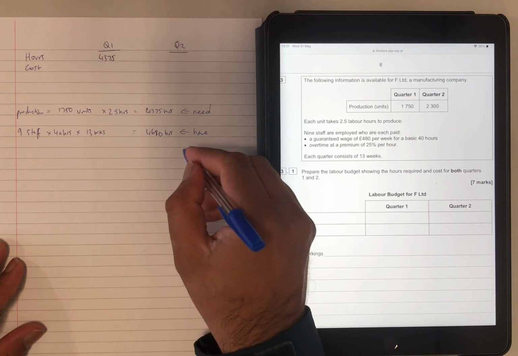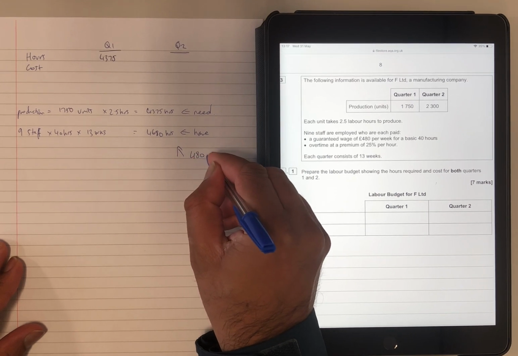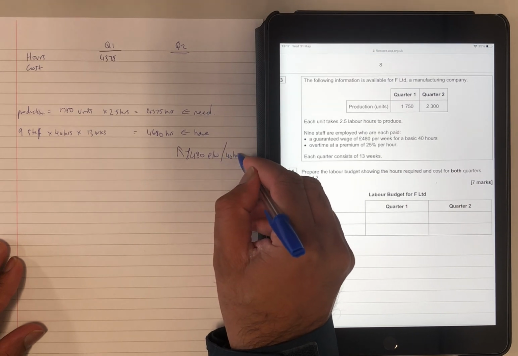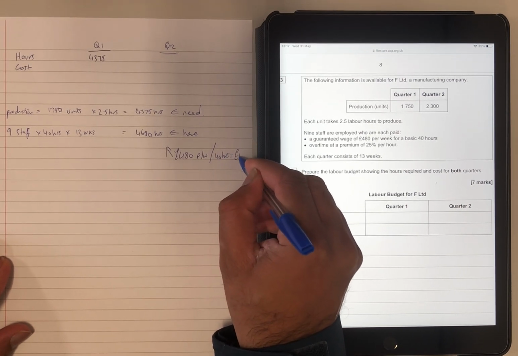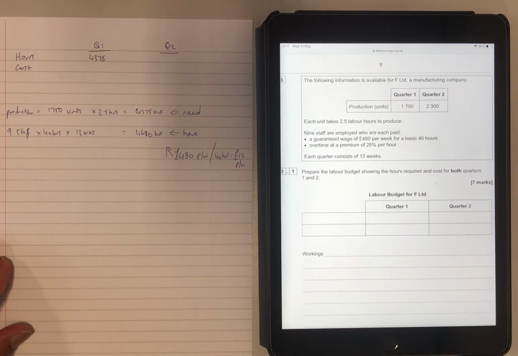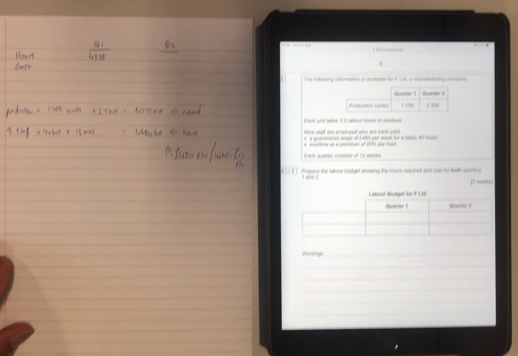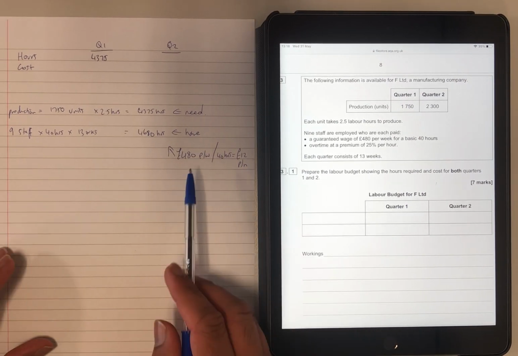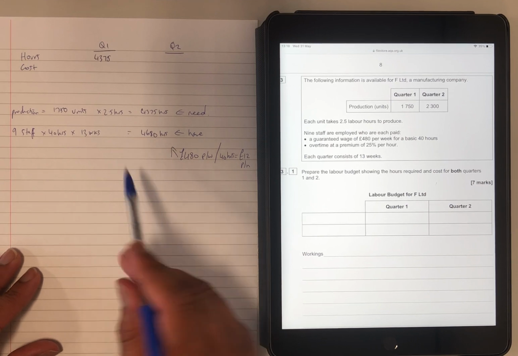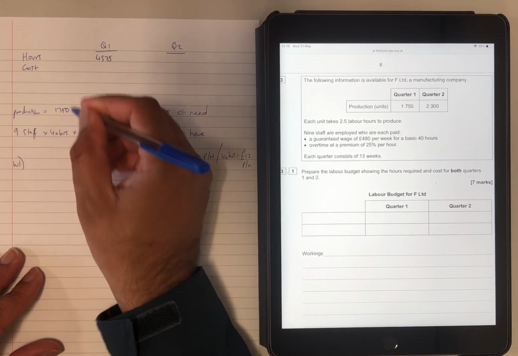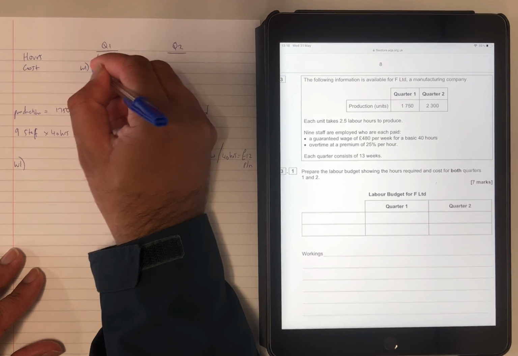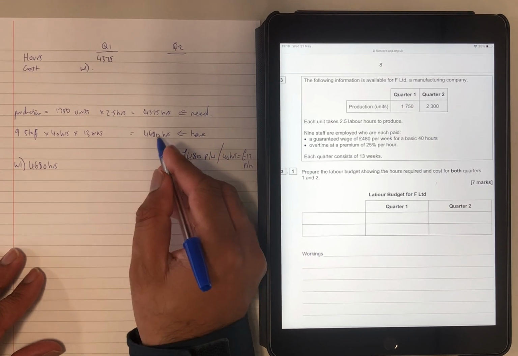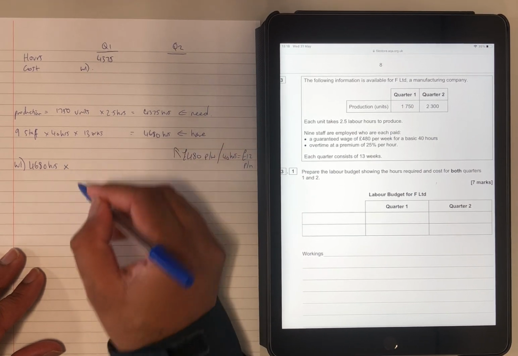If one person gets £480 per week, and they do 40 hours, you can work out the wage rate. It's £12 per hour, 480 divided by 40. So what's the cost for the labour budget? We are going to pay them for 4680 hours, even though they might not do anything for some of them.